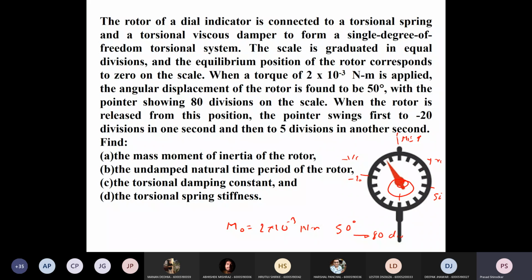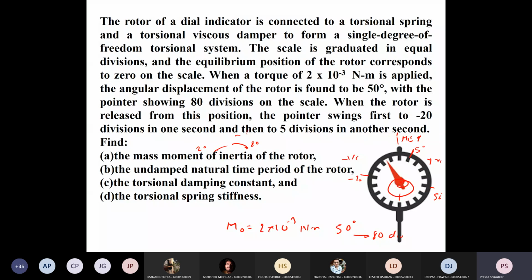So it goes to minus 20, and then again it swings back and it comes to plus 5. Okay, so do you understand what is happening? All right. So first it goes to plus 80 divisions, then it goes to 20 divisions, and then again 5 divisions, like that.